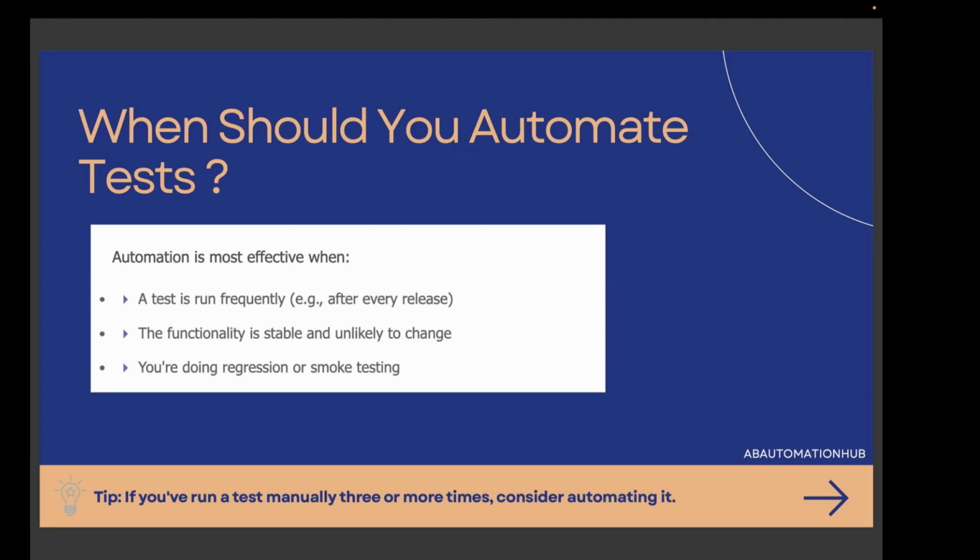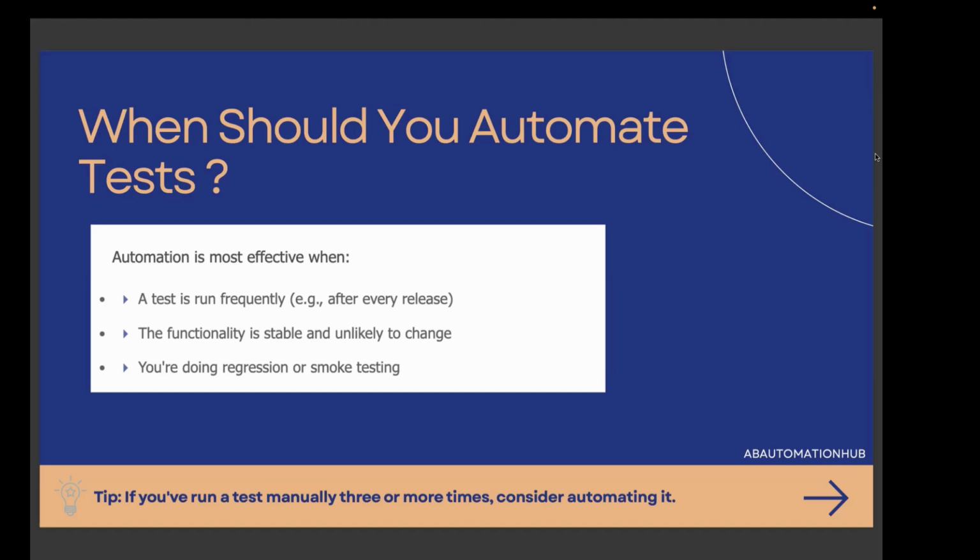So in that case, definitely go for automation. And then you can go more specific. For example, you can say, I also look at whether the feature is stable. If the developers are changing the UI every week, my automation scripts are going to break. And in that case, I will not spend time doing the automation because that will be just wastage of time. And you can say this is something which I learned from experience or during my last project.